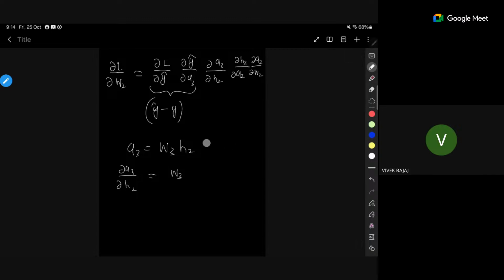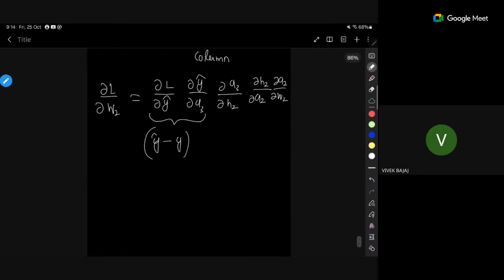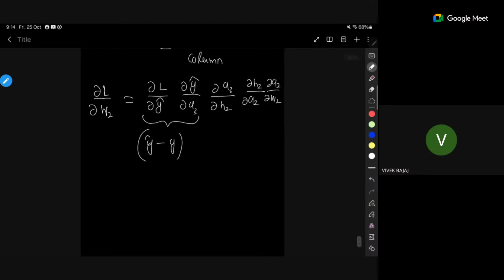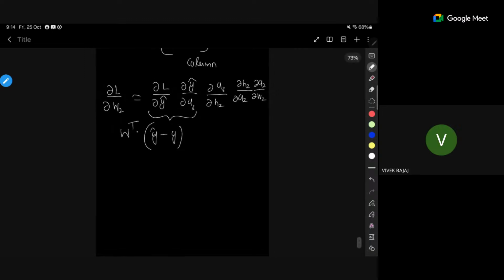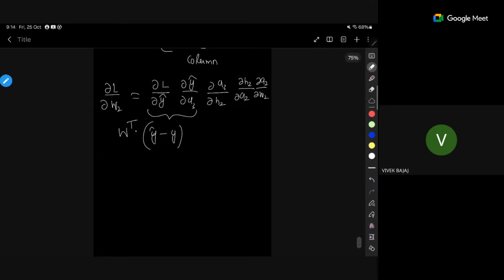If I wanted to multiply this, that is a 3 into 1 vector, and your W3 will be 3 into 2, whatever. So I can't do multiplication here, but I need to take the transpose of that, and then only multiplication is possible.